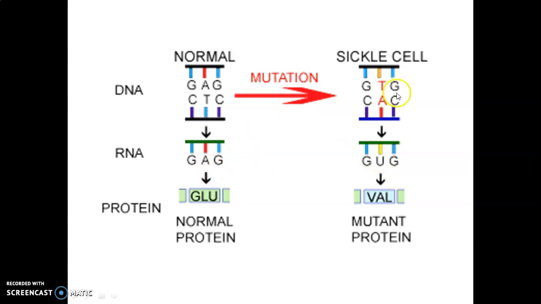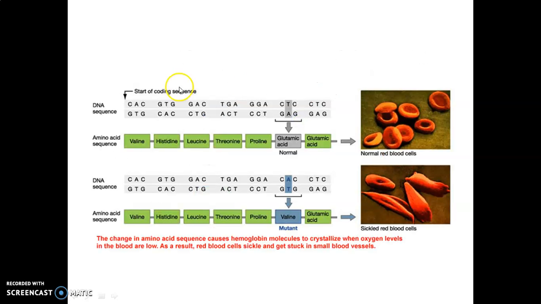Instead of adenine, when uracil came, instead of producing glutamic acid, the amino acid valine will be produced. See children, here in the 6th position, instead of glutamic acid, valine is produced because of this single base pair change, and the entire protein will change.